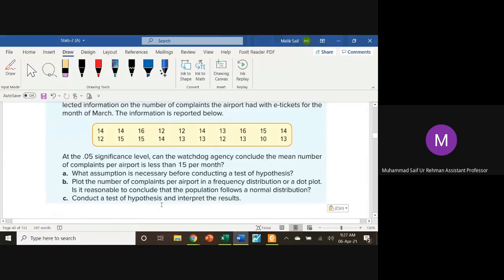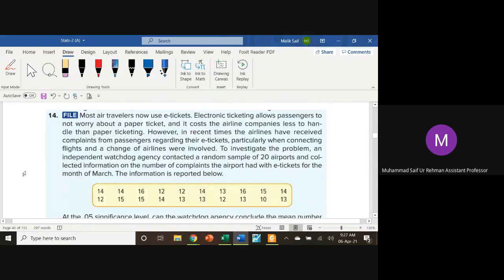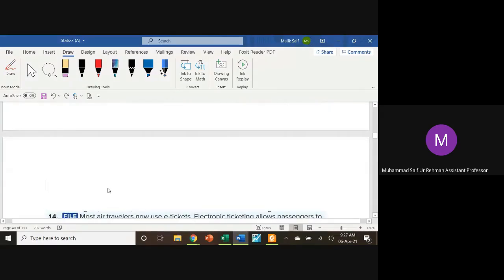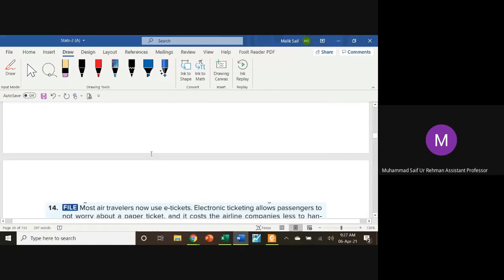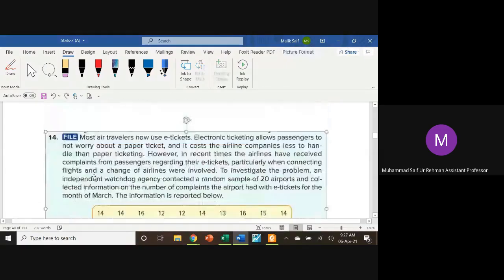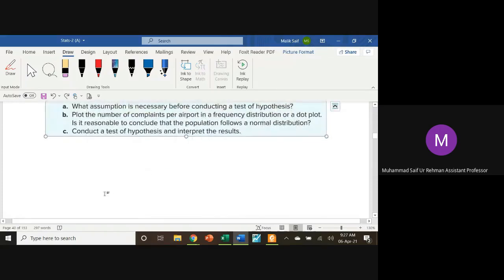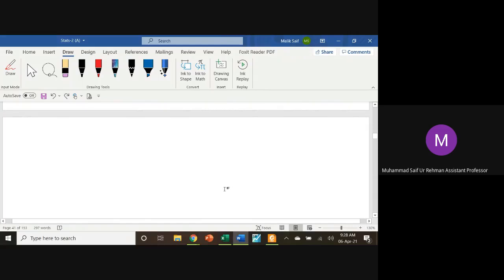Conduct a test of hypothesis and interpret the results. So we can solve this question. Let us solve it. Again, step one, step two, step three, step four, step five.